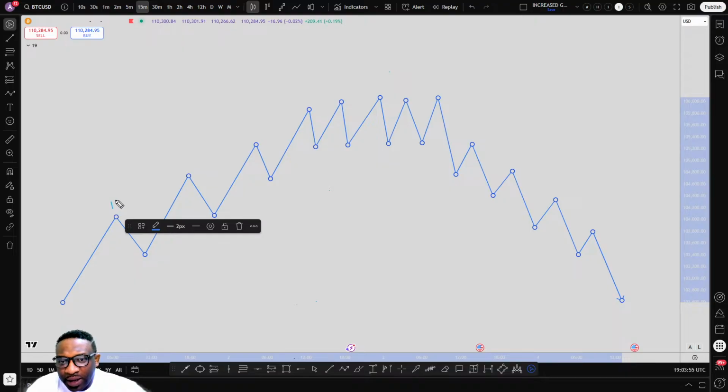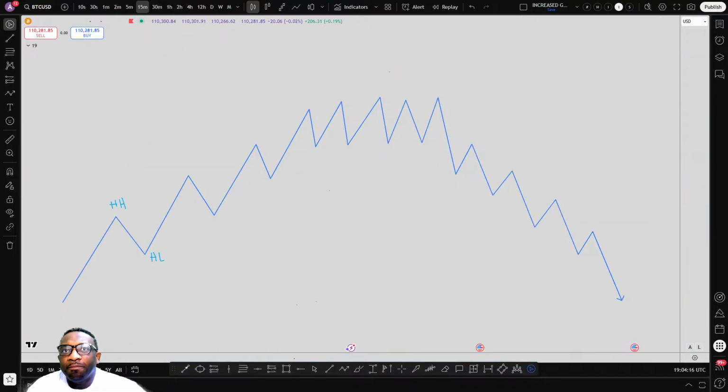So this is higher high as it looks to be in an uptrend, and this is higher low. So the same thing applies here. Higher high. Okay, so we have higher high here, higher low, higher high, higher low.